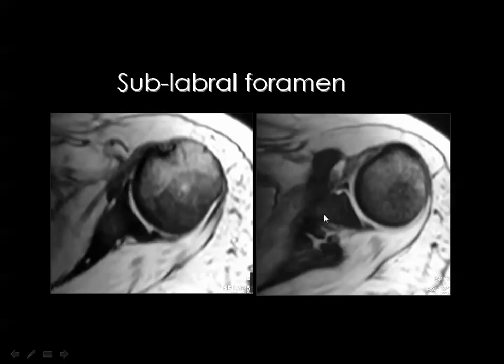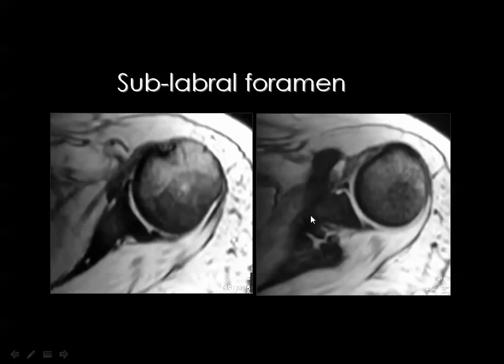But if you go upward, and you cannot see the subscapularis tendon, and you feel that the anterior labrum is torn, this is known as the sublabral foramen. There is a foramen between the anterior and the superior labrum.